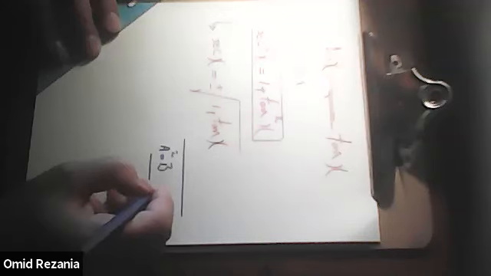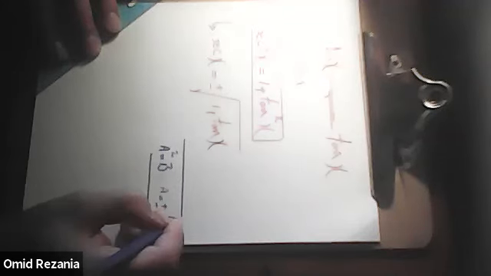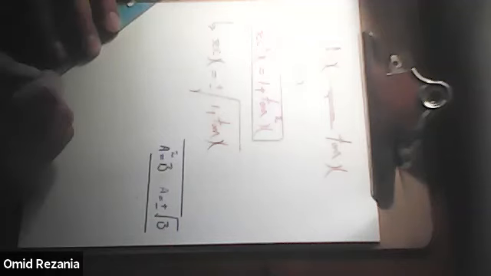I put it as a note that if you have, let's say, for example, a squared equals b, then you know that a should be equal to plus or minus square root of b. You have to just put plus and minus before the square root of b.